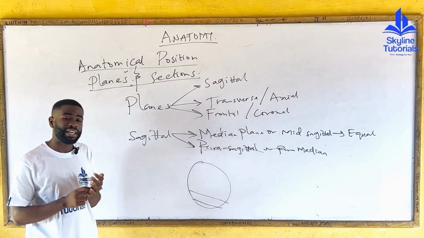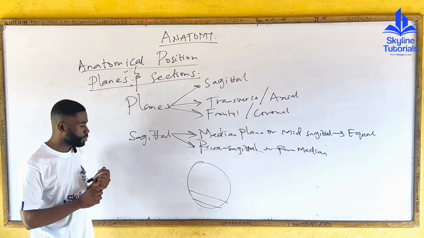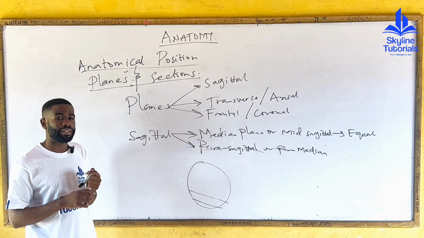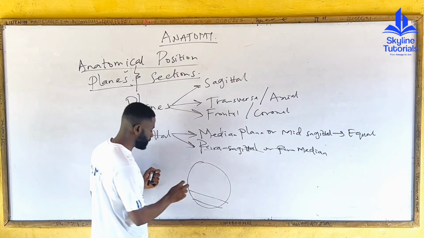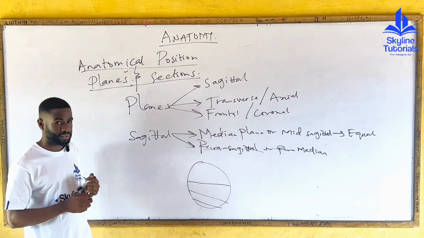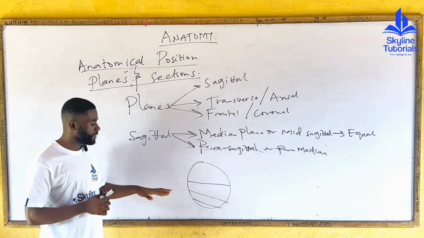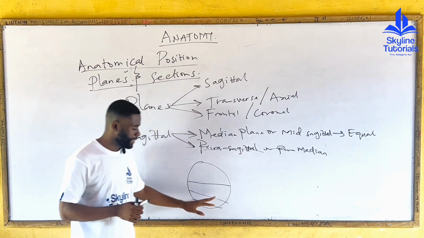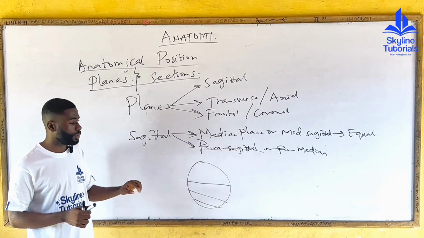But there is a special type of chord called the diameter. The uniqueness about the diameter is that it cuts the circle into two equal halves. A diameter is a special type of chord that cuts the circle into two equal parts.